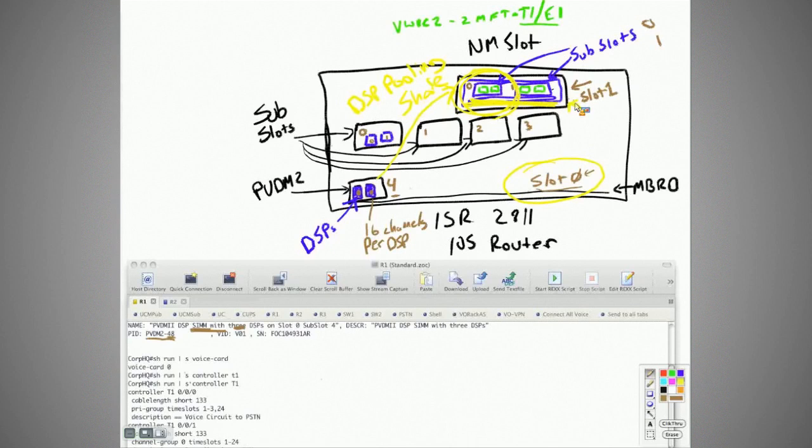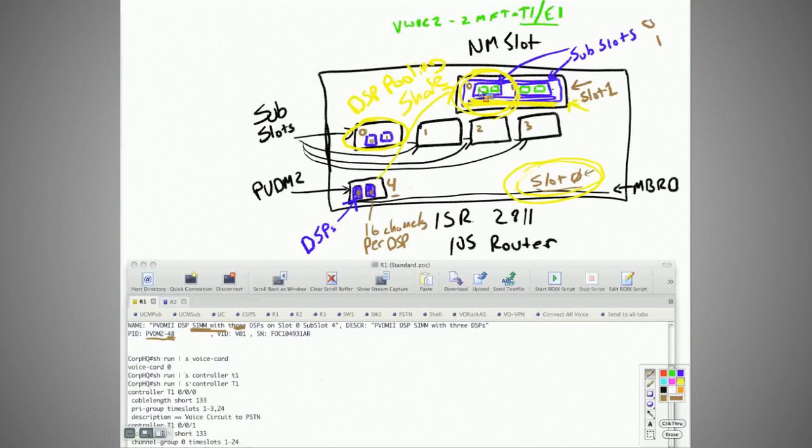So when we're pooling these resources, whether they are here on slot 1, the DSPs, and we want to share them to slot 0 so that we could have a voice card here, or whether they're on slot 0 and we want to share them up to slot 1, or of course if we have a larger router and maybe we have an NM-HDV that just has nothing in it but a bunch of DSPs.